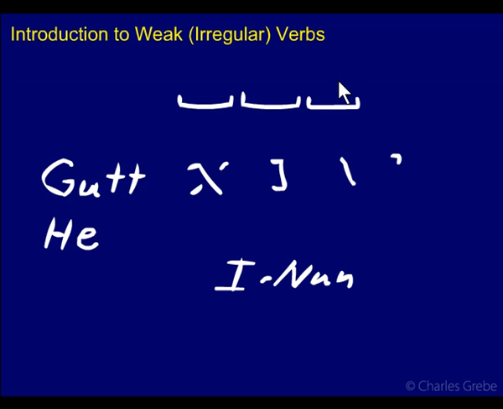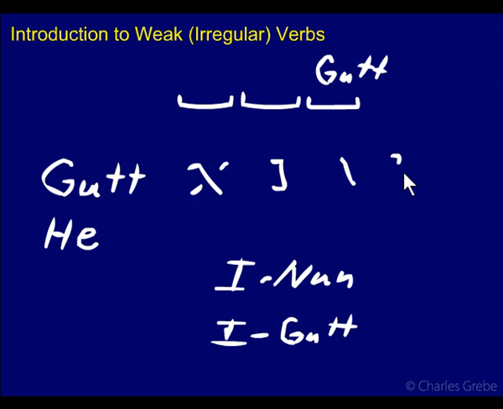That's what first guttural means. And so first aleph means you have an aleph in the first position. Second guttural would be here. First nun would be over here, etc.